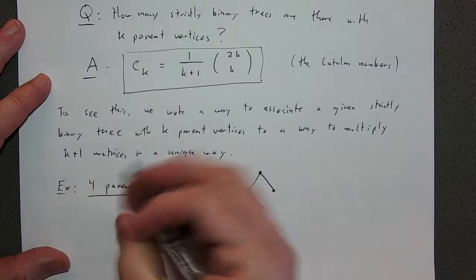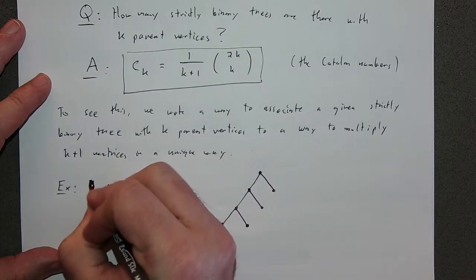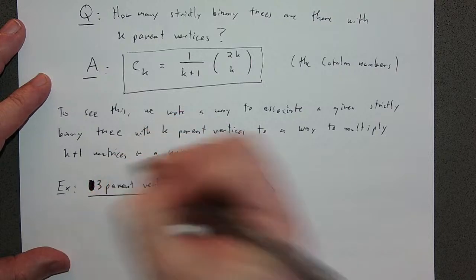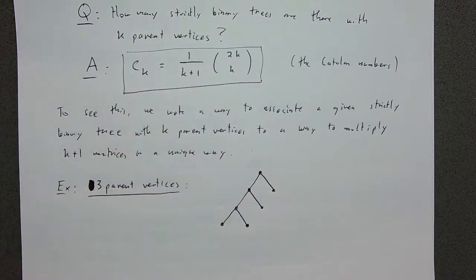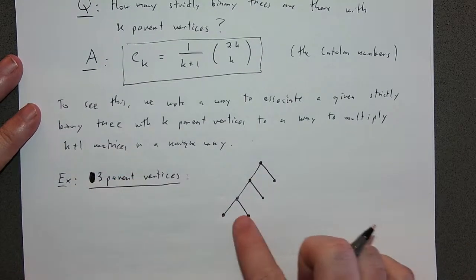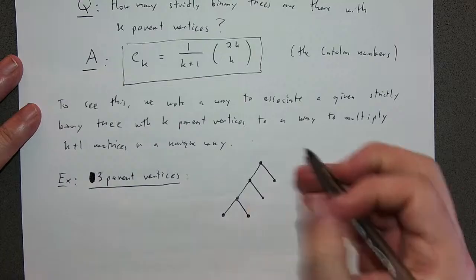Oh, yeah, this is fine. Okay. So, let me correct this: 3 parent vertices. I could have done it for 4 by adding 2 more children, but I'm not going to do that. So yeah, 3 parent vertices is fine. We'll just do it in this case. So I have 3 parent vertices here.